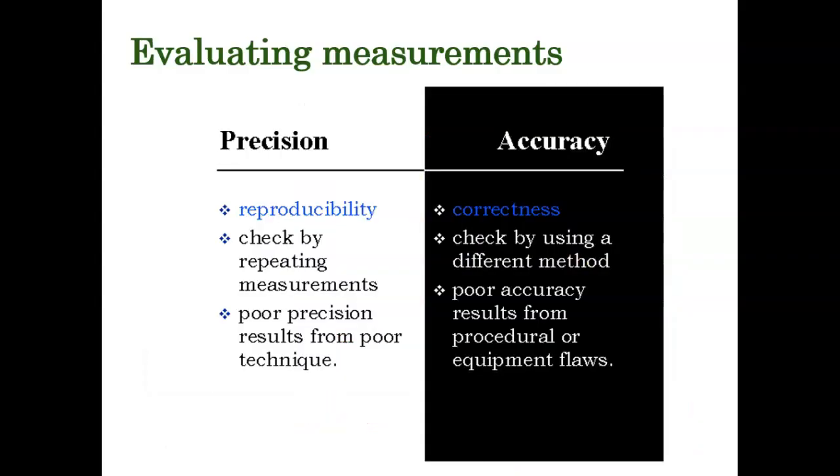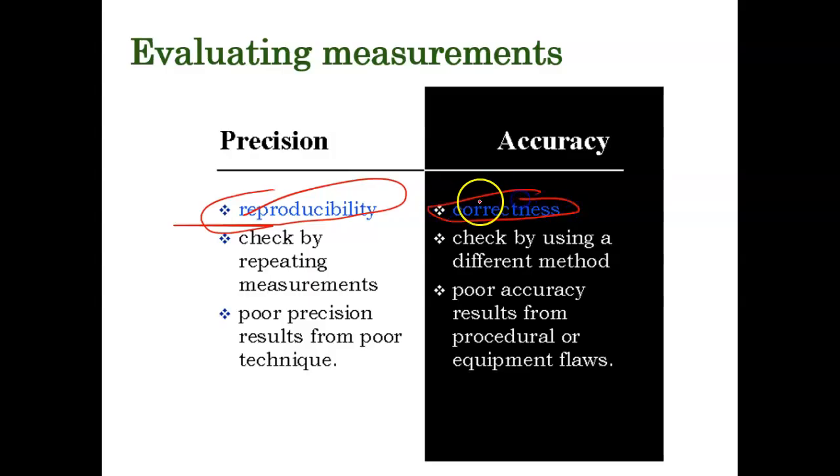So why is this important? What are some things you need to know about precision and accuracy? Precision is reproducible. That means we can always get that same marking. Check by repeating measurements. Poor precision results in poor technique, so keep that in mind.